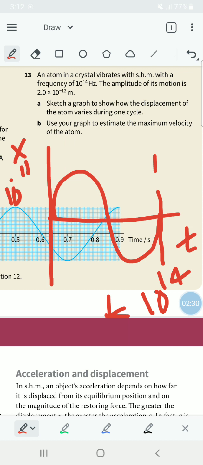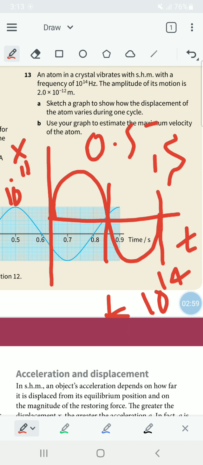This is the 1 second point, and 1 into 10 to the power 14 times it has vibrated. I hope it makes sense. So the halfway point is 0.5. This atom vibrates 1 into 10 to the power 14 times in 1 second. So these are the details.